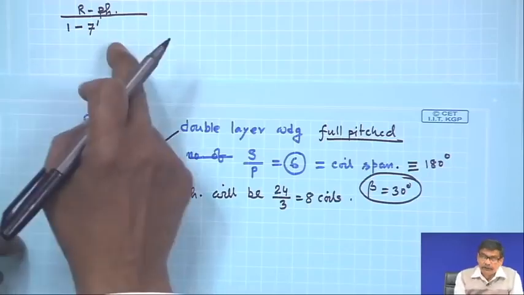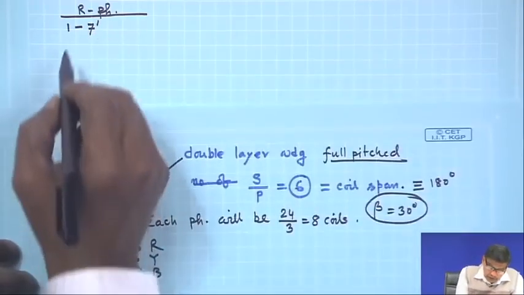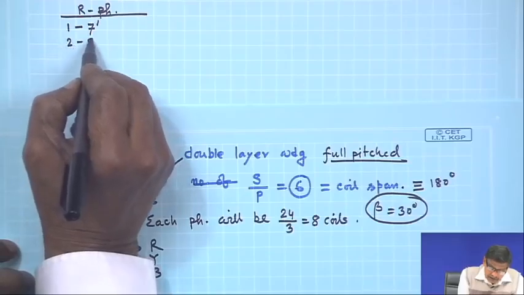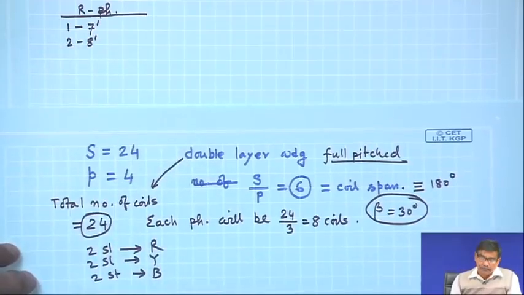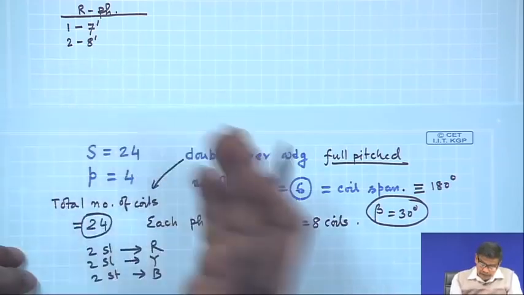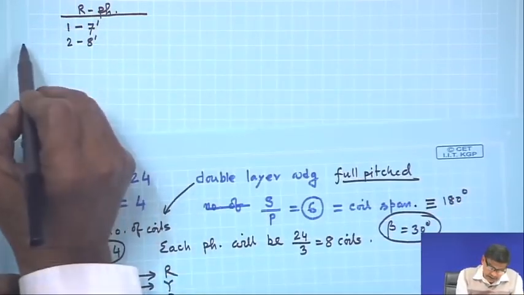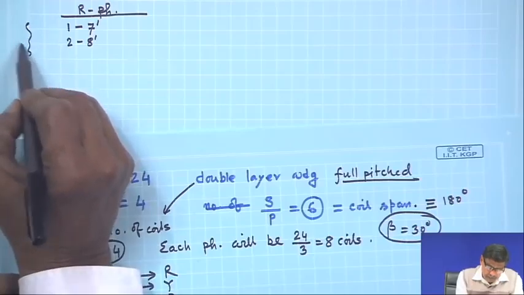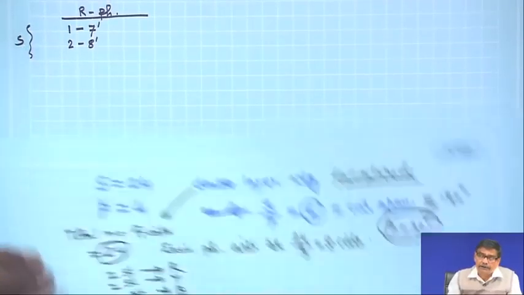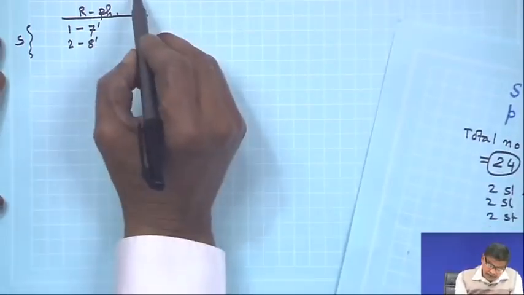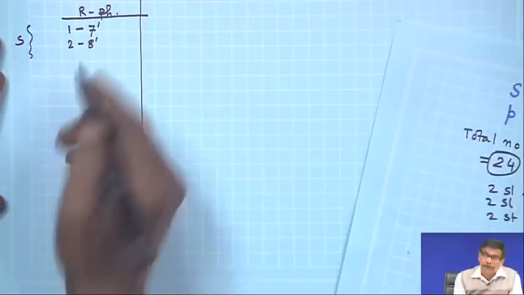And 2 slots I will allot under each pole, so the next one will be 2, 8 dashed. So, 2 slots are over for R phase under a pole. Suppose this is under the north pole, south pole, say whatever it is. Now, the big question is, I will first complete the R phase, very simple.